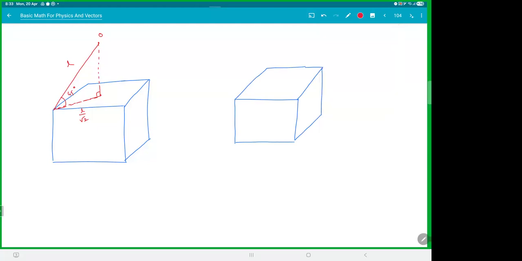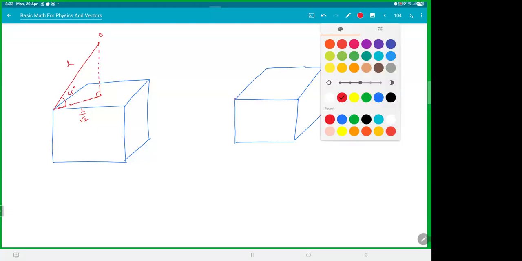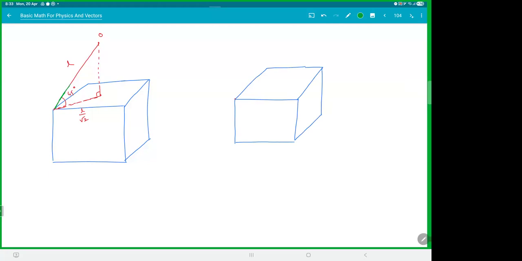And then when you take the components for the strings, if this string's tension was T1, the components will be T1 sine 45, that's your vertical component, and T1 cos 45, that's pointing towards the center.